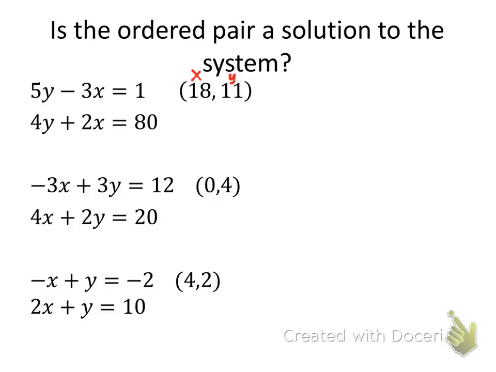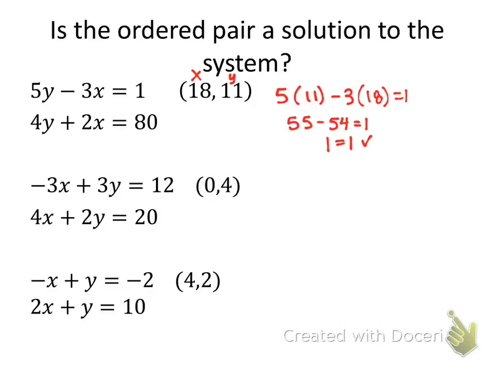So I pay attention and I notice that I put the y first. So I'm going to do 5 times 11 minus 3 times 18 equals 1. And we're going to get 55 minus 54 equals 1. 1 equals 1, so we know that that one checks out.